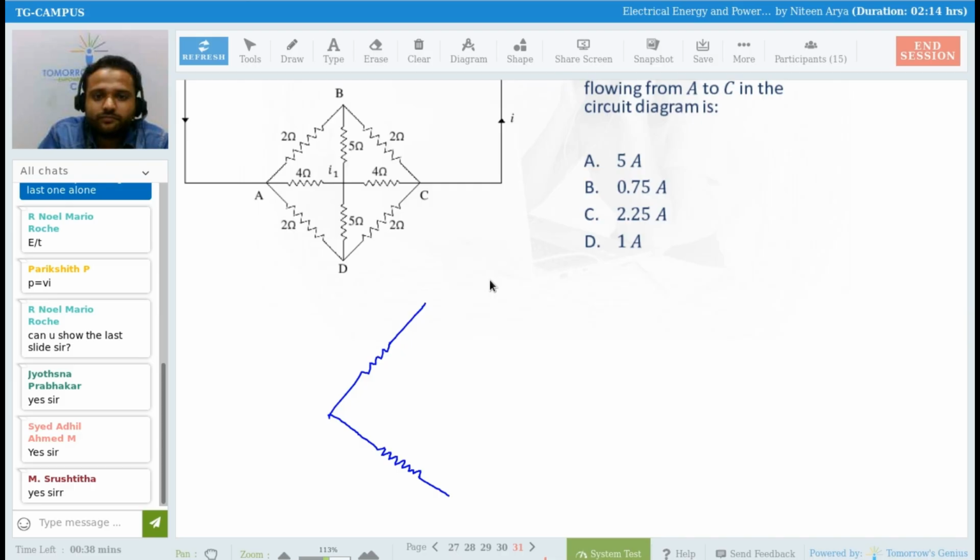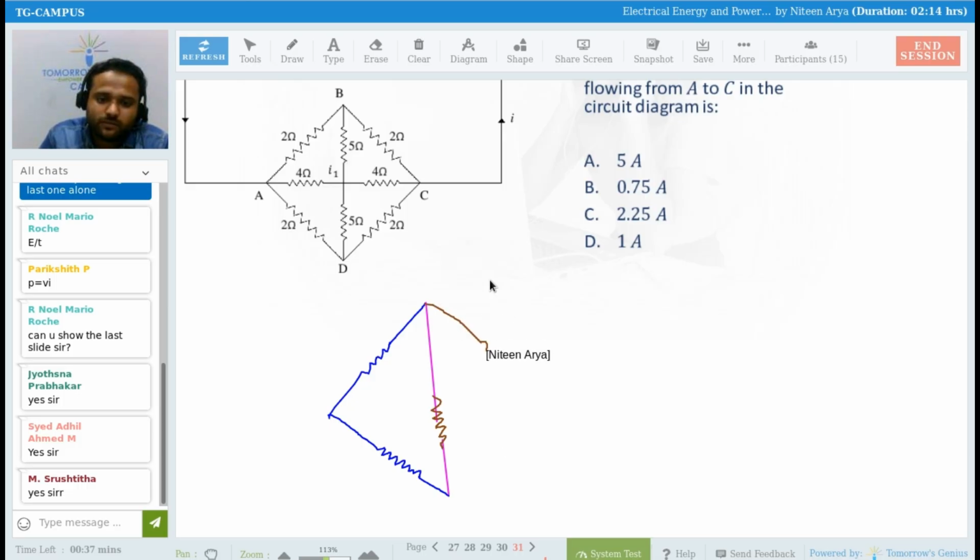And then there is any particular resistance or any particular instrument here in between. Suppose there is a resistance, or any particular instrument.